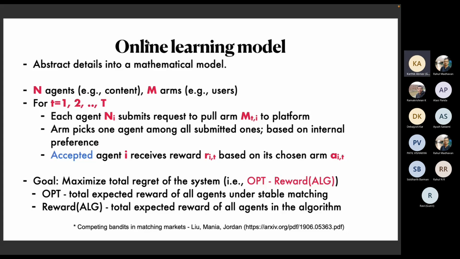Is that possible at all, or does the system somehow go to sleep? You're right. You're getting into the details of exactly how this system would work. In a decentralized setting, what you're saying can happen: literally all agents can keep pulling the same arm and only one of them sees something.